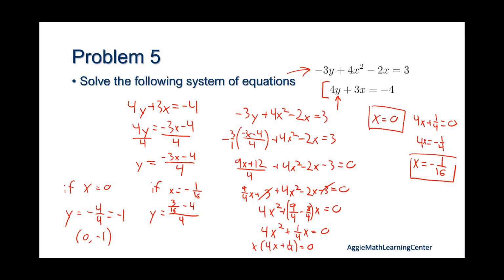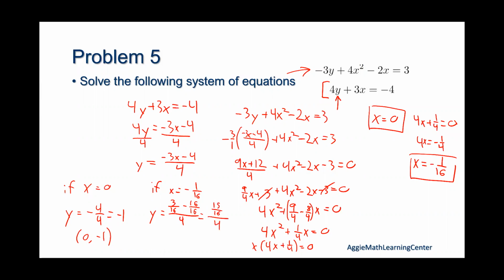I'm running out of space, so I'm going to do it here. But that's 16 over 16. So that's going to give us 3 minus 16 over 16 divided by 4.